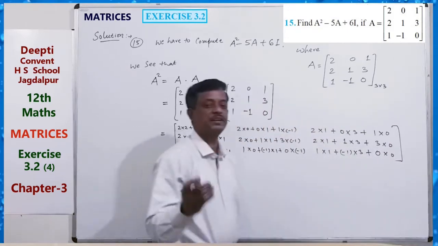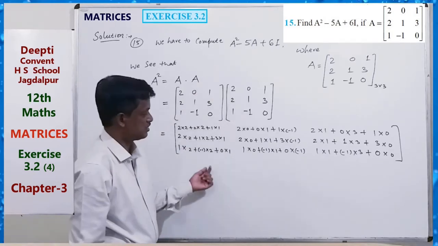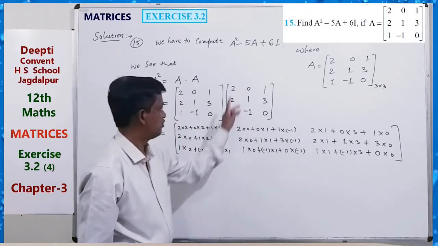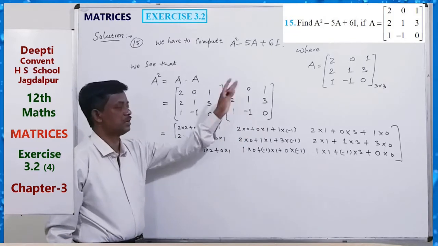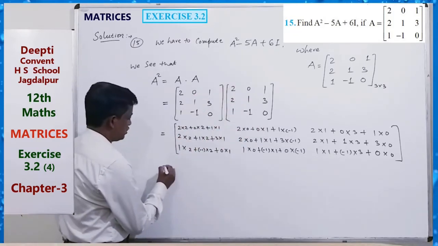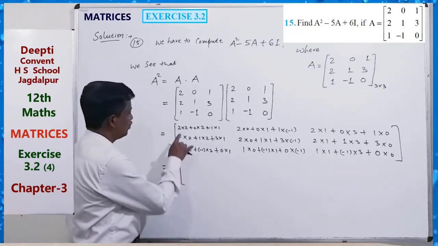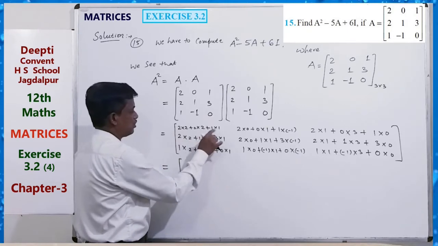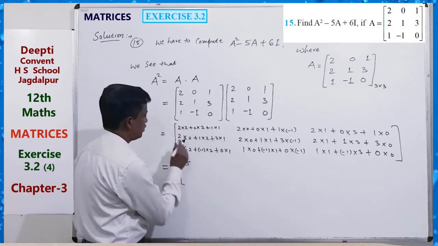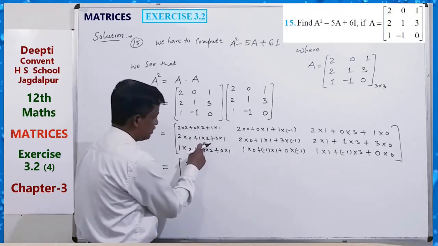This is matrix multiplication, row by column, so 3 times: first time, second time, third time, for the first row, first column, second column, third column, one by one. Now calculate the values. 4 plus 1, 5. Then 4 plus 2, 6 plus 3, 9.